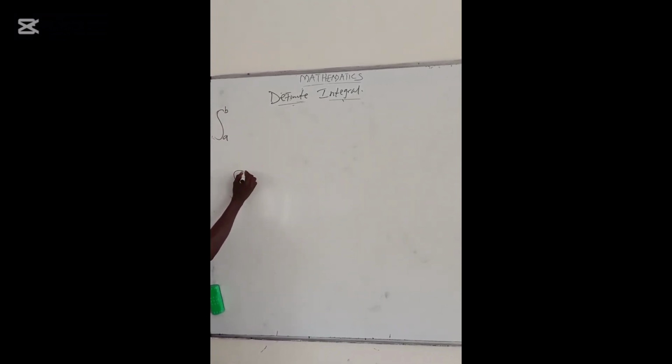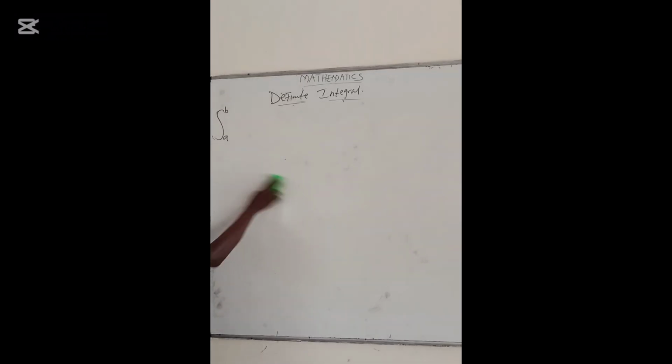Please take note: b is known as the upper limit, while a is known as the lower limit. So when you integrate, you take the difference between the upper and the lower limit. That is the idea about definite integral.